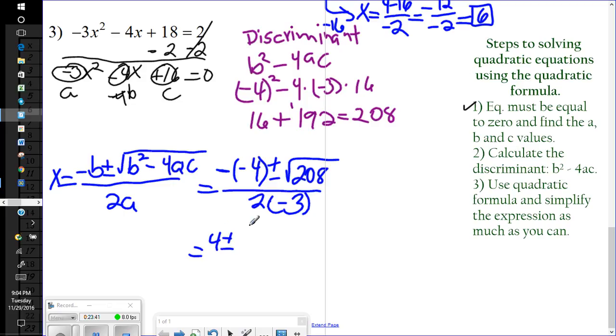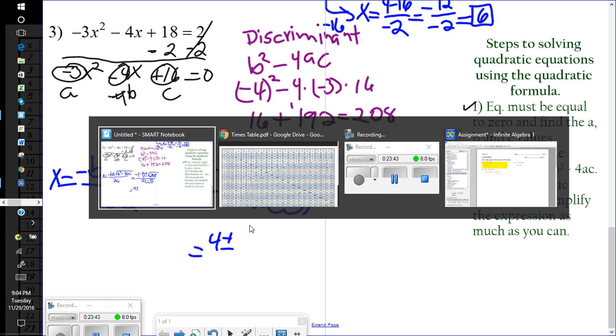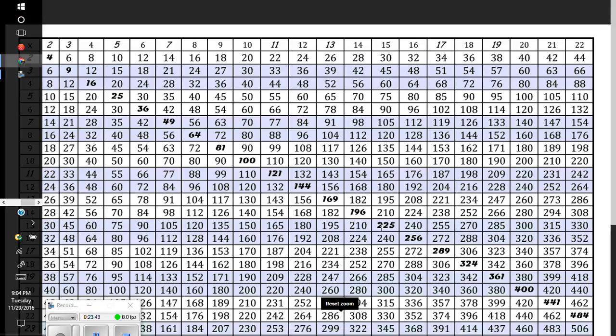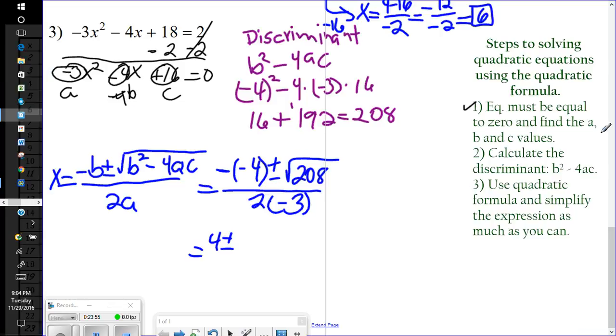If you look for 208 in your times tables, 208 will be somewhere in here. We don't have 208, so you have to simplify the radical. Remember the way we simplify the radical: you have 208 and do a factoring tree.